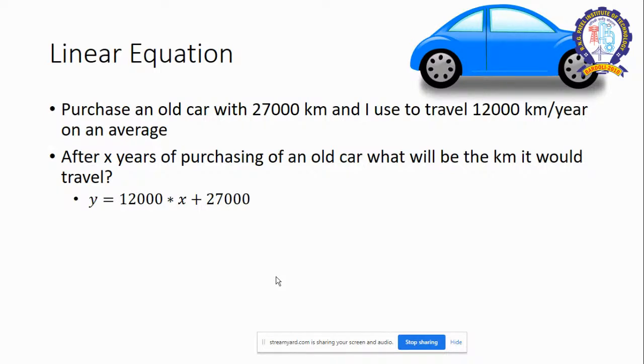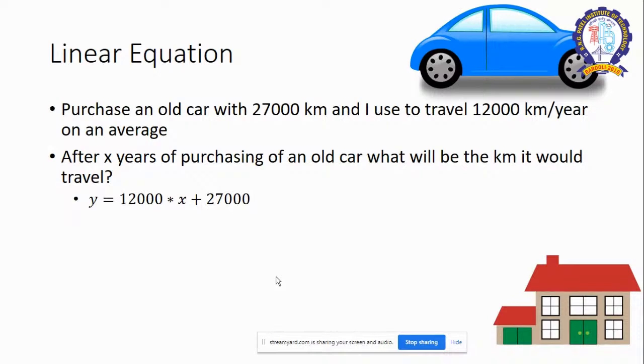The equation is y = 12,000x + 27,000. It begins with 27,000 already traveled, and every year adds 12,000.